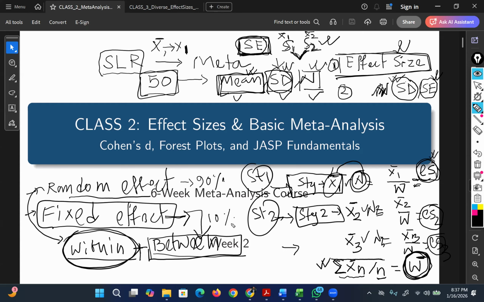However, when there is a control effect and treatment effect and randomized control trial methodology in each of the studies, there is, of course, a high chance that there are some variations within the study. So in that case, of course, the random effect model is preferable. Therefore, in most cases, to be on the safe side, we use the random effect model. In 90% of the cases we use the random effect model, and only in 10% of cases we use the fixed effect model.